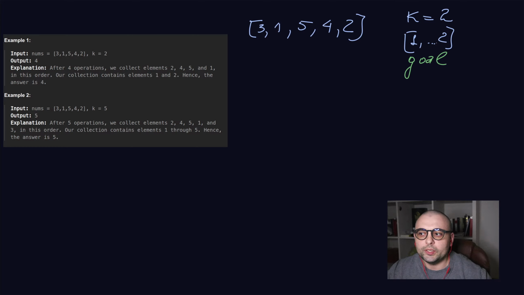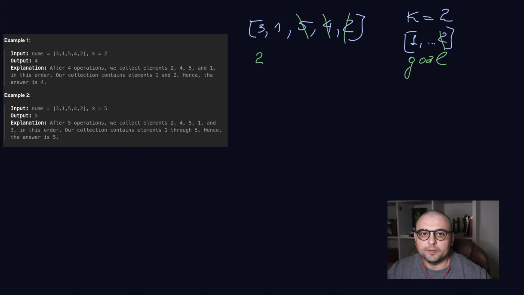But how can we know if we did collect them or not? Because we may go in a simple manner. We'll be popping this first, so we'll have 2. So 2 will be removed from the goal. We'll have 4. It's not on our list, so we don't care.